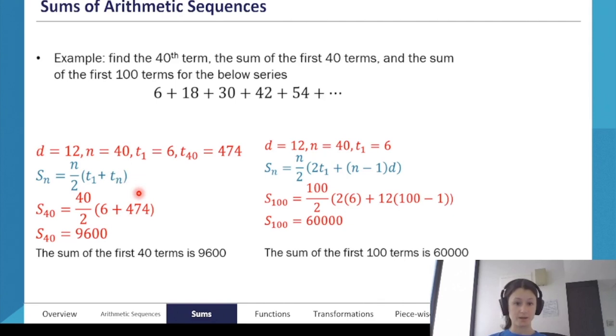We're going to sub in our n, which is going to be 40. So remember from our definition of the sum, if you are finding the sum up to the 40th term, our n is going to be 40, divided by 2, our first term, which is 6, plus our Tn, which gives us 9,600.